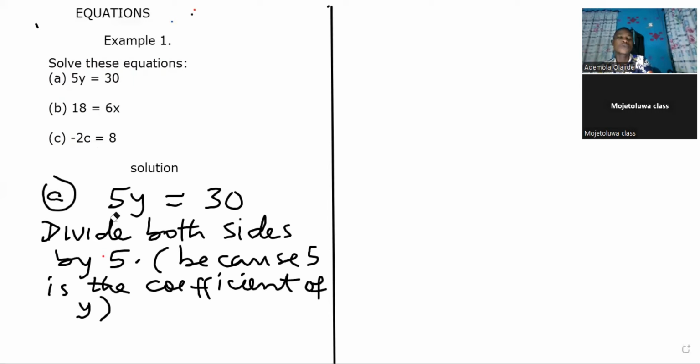So we'll now go back to our equation. We'll write 5y equals 30. And since we say divide both sides, the left side of the equal sign, what you have there, divide it by 5. The right side of the equal sign, what you have there, divide by 5.